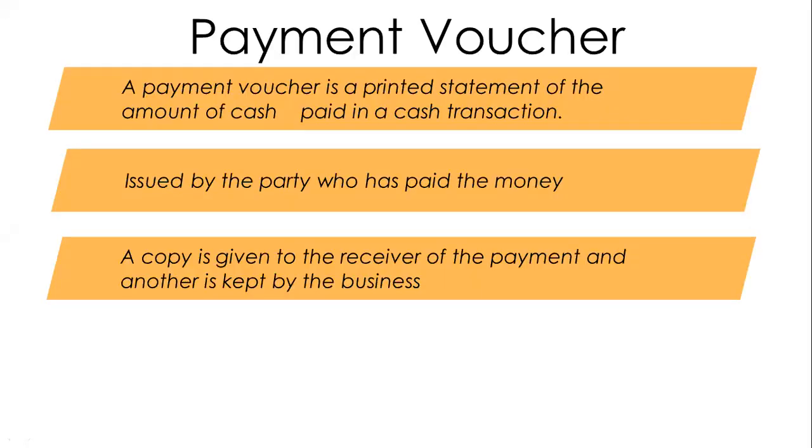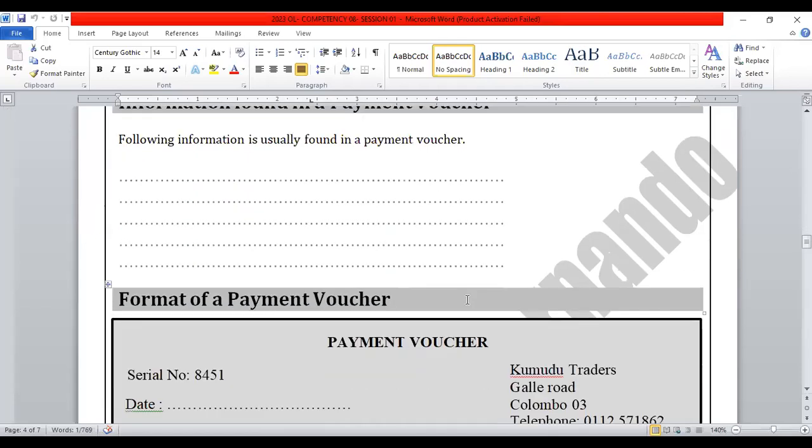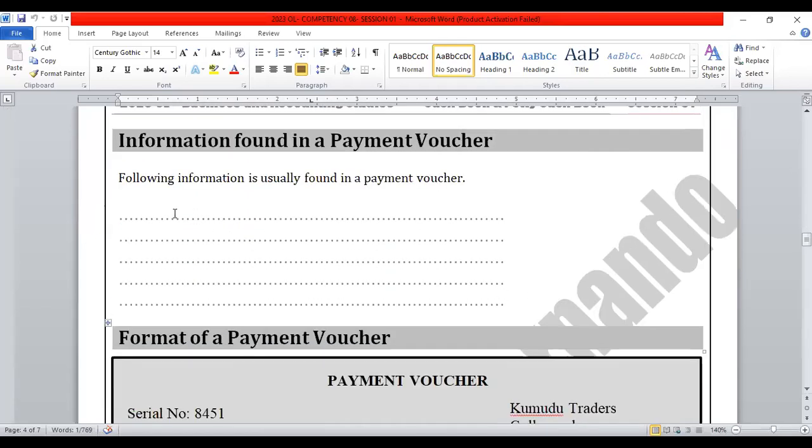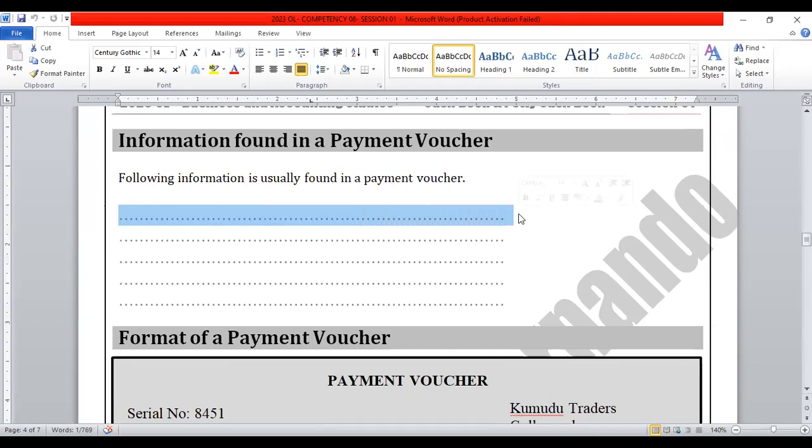And the next is, let's see what are the information found in a payment voucher. First one, name of the business.